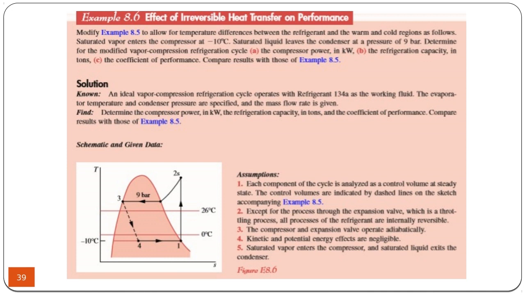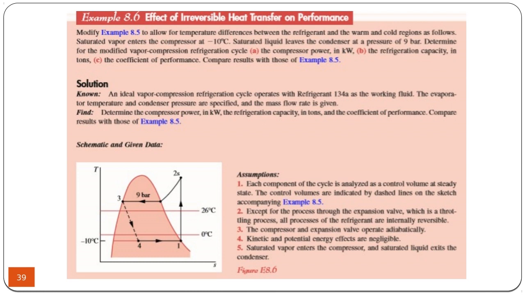So, an example: the saturated vapor enters the compressor at minus 10 Celsius. It enters here at minus 10 Celsius, and it exits the compressor at a higher temperature, at 9 bar.